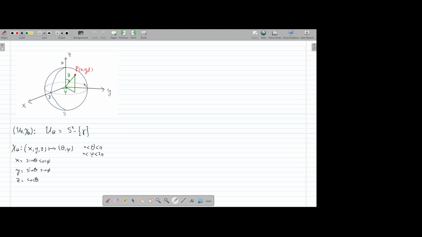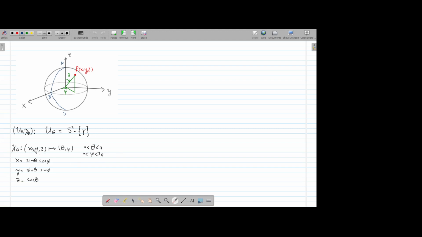So we consider a coordinate system defined on this set. I call it U theta, which is the sphere minus this half circle here. That maps the xyz point to theta and phi, where theta ranges from 0 to pi and phi ranges from 0 to pi, without the endpoints being included in the domain.